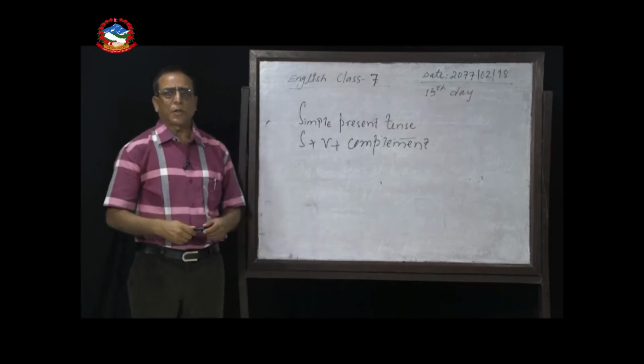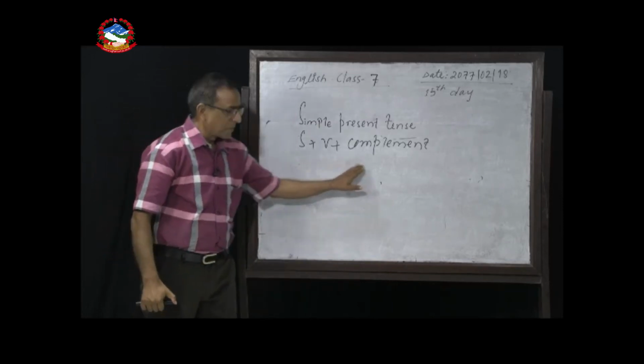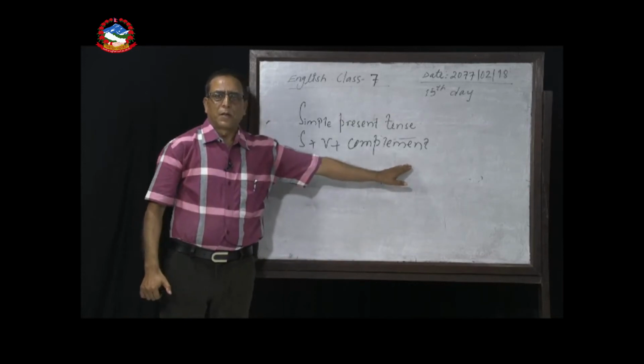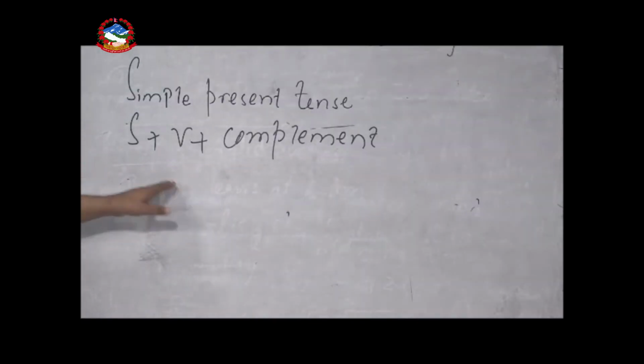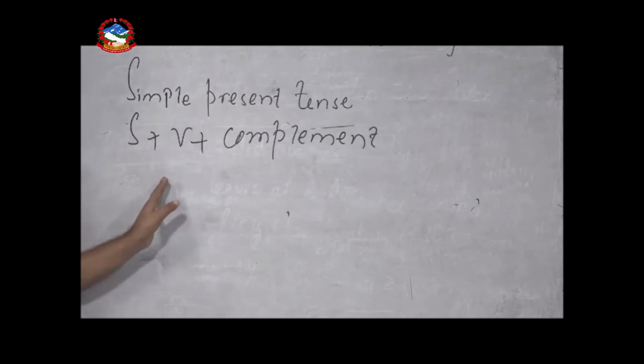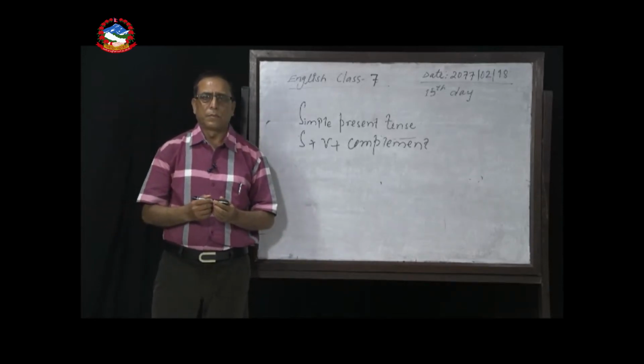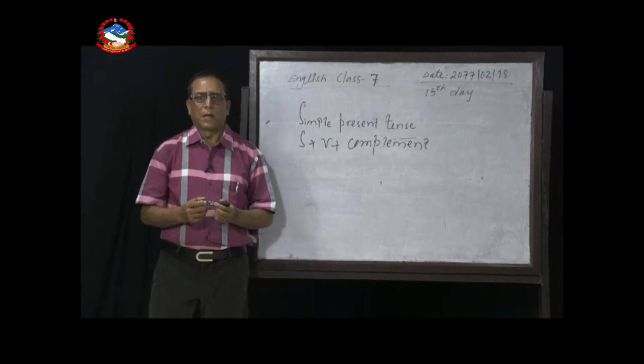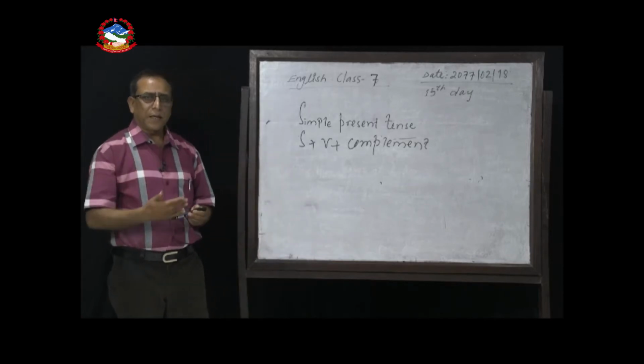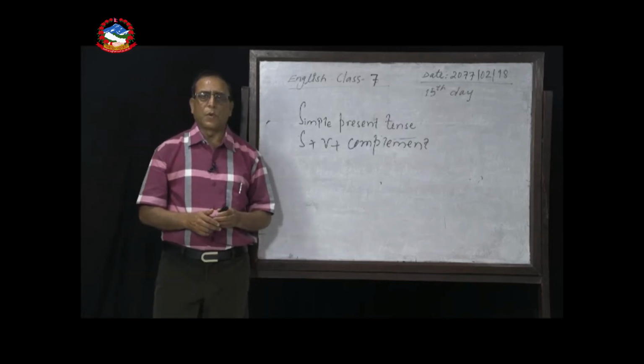Now, how to conjugate the sentence? In the same formation, we are conjugating the sentences in simple present tense. Either the subject can be pronoun or nouns. But it should be clear that for first and second person we use bare verb.